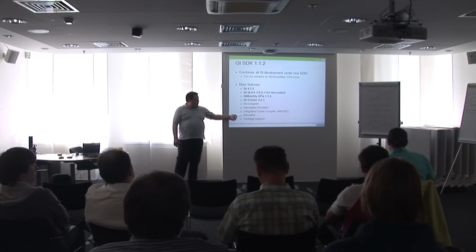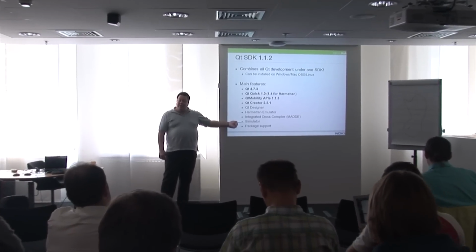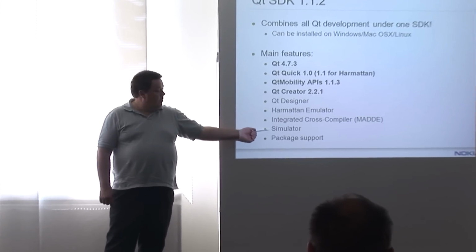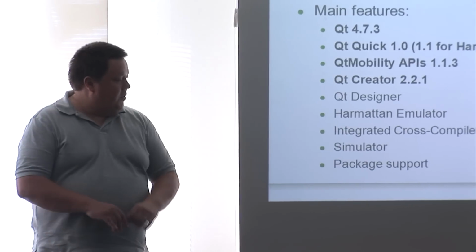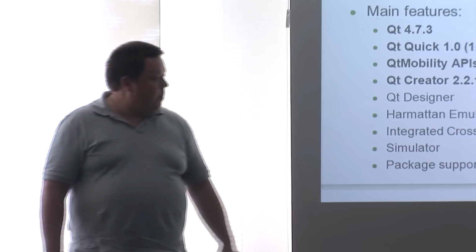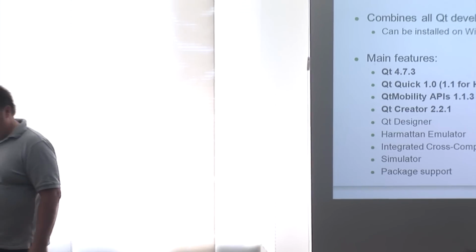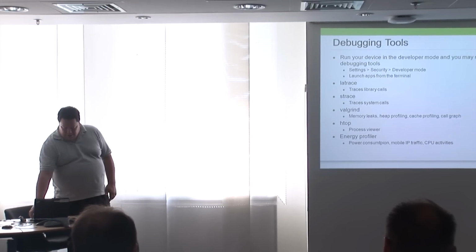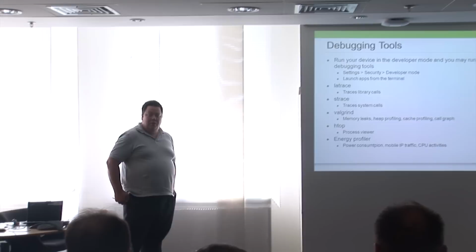Simulator is a desktop tool. You make a desktop build, but it allows you to use the mobility APIs. So you can test the location, you can test the sensors and whatever, see that you have proper values. And then the package support as well. So everything you expect. But then, plenty more.